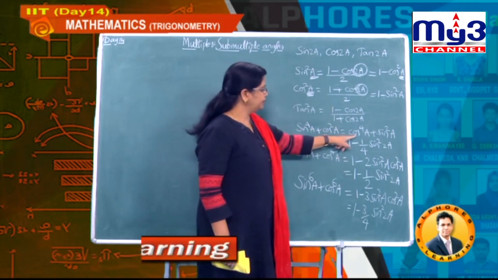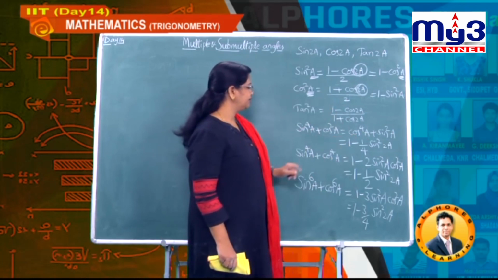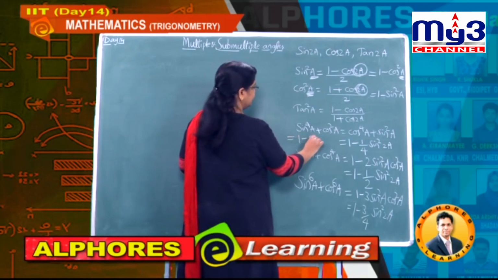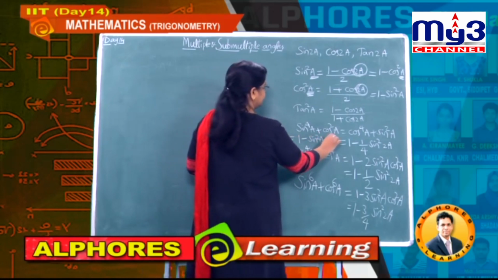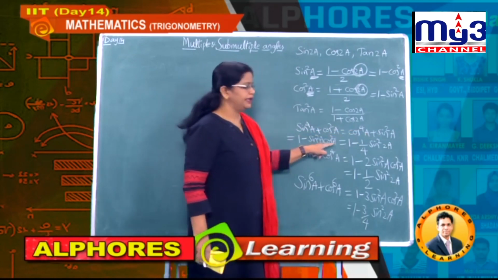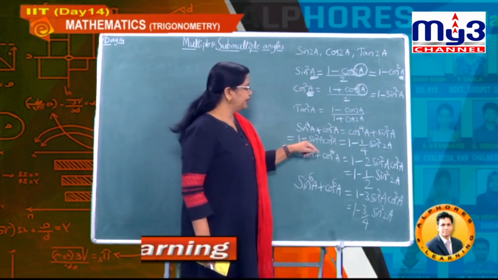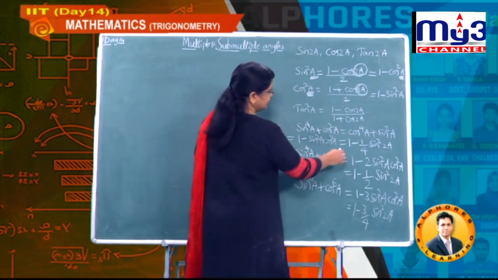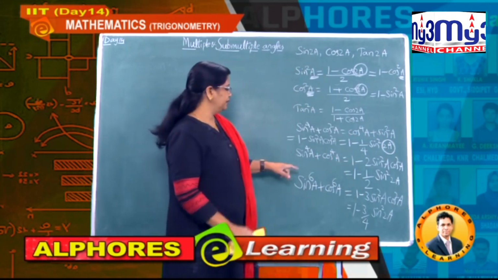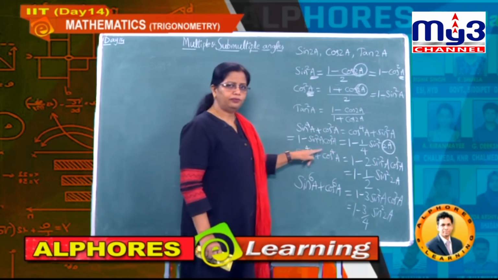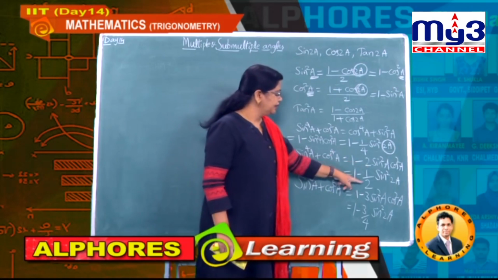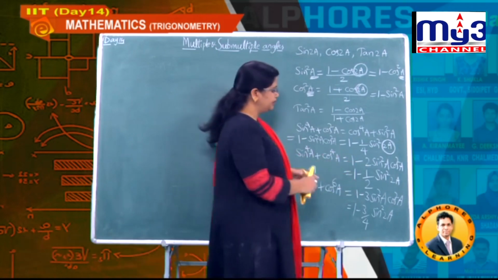The usual formula is how much actually for this one? 1 minus 2 sin square A cos square A. When there is no change in angle, you can write it as just 1 minus 2 sin square A cos square A, no change in angle as it is A. And if at all you want to write twice that of, then you can observe 1 minus 1 by 2 sin square 2A, okay. And then both the values are here 4 and 4. Then this is our known value from identities. Then here we deduced just now in terms of 2A.